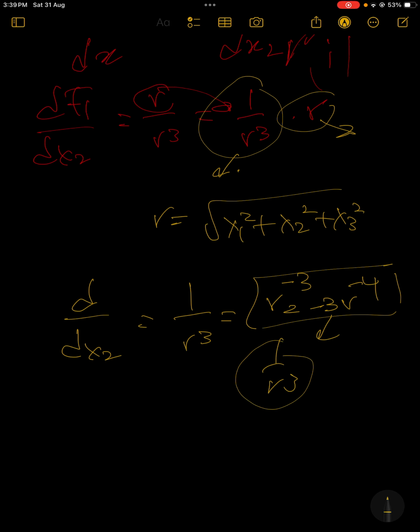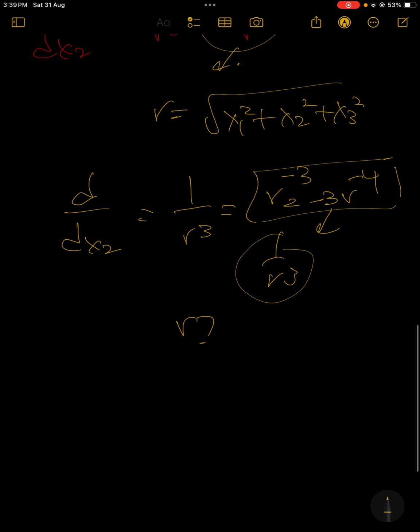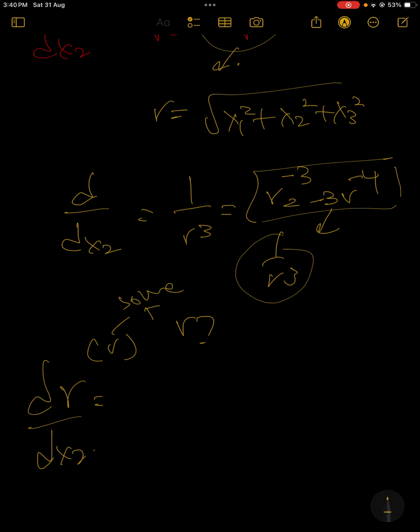Now we need to find the derivative of r. r actually equals x1 squared plus x2 squared plus x3 squared, all to the power of 1 over 2, right?